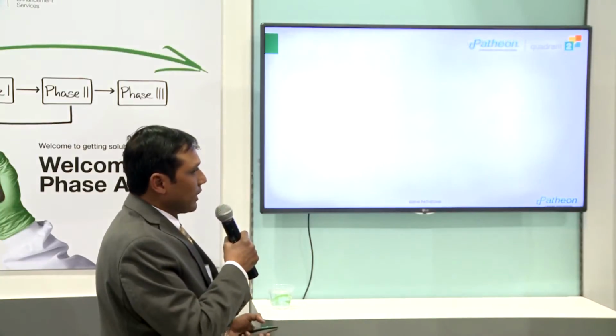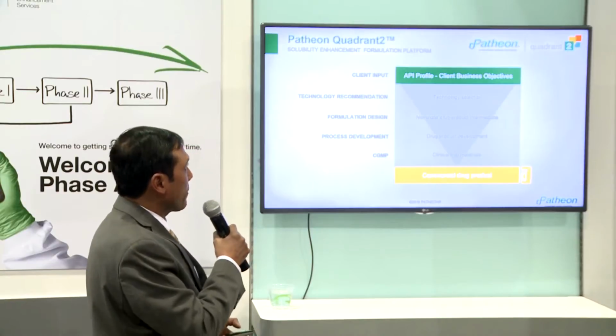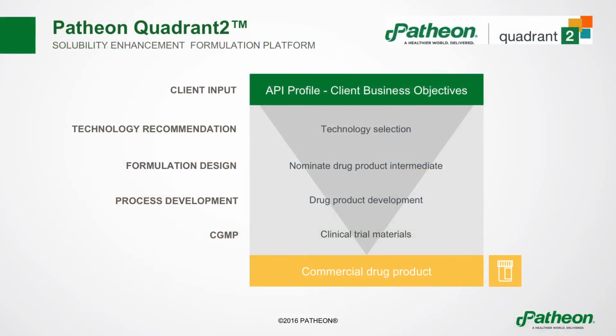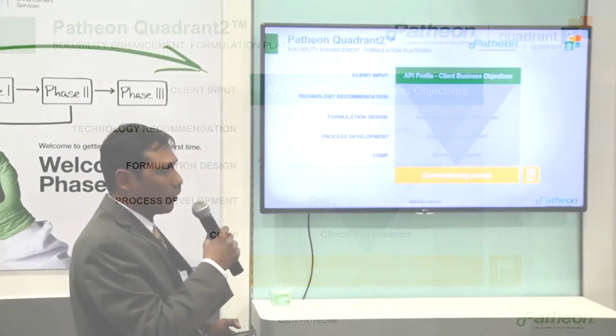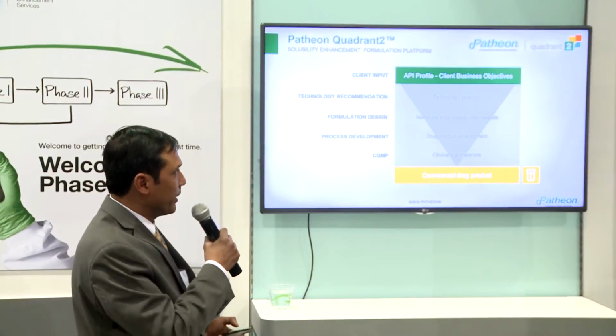I'll give you some more detail on what Quadrant2 is all about. It's a platform we developed at Patheon where we look at the API and its inputs, based on your business objectives as well as the physicochemical properties, and we make a technology recommendation. We've developed a technology selection tool for poorly soluble compounds, which I'll go into in a bit.